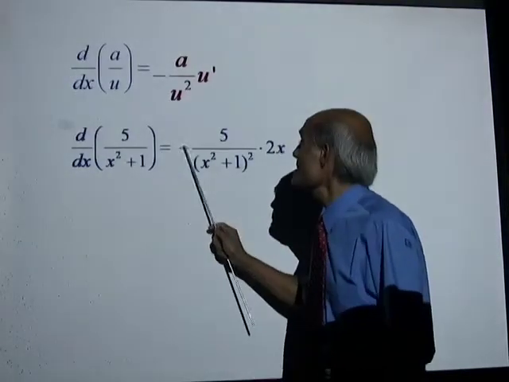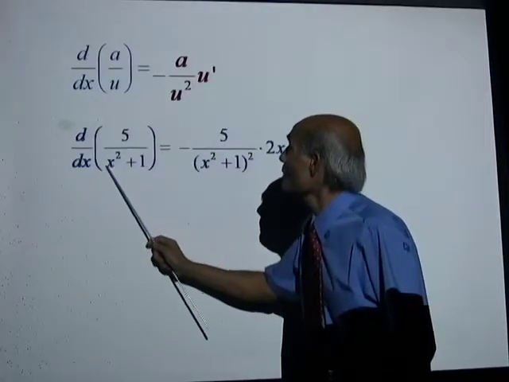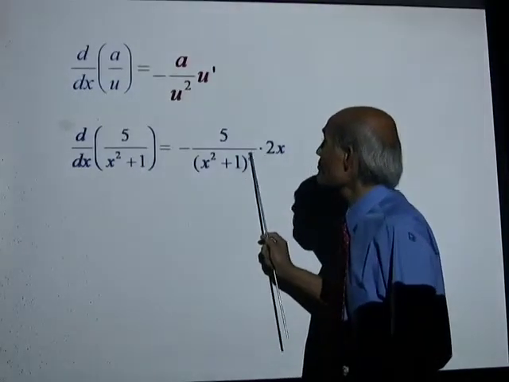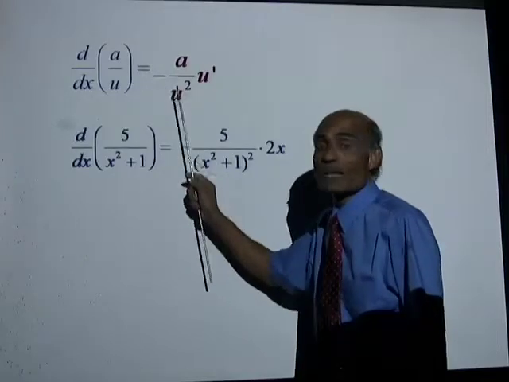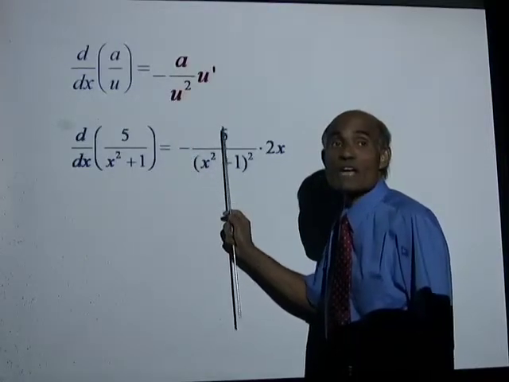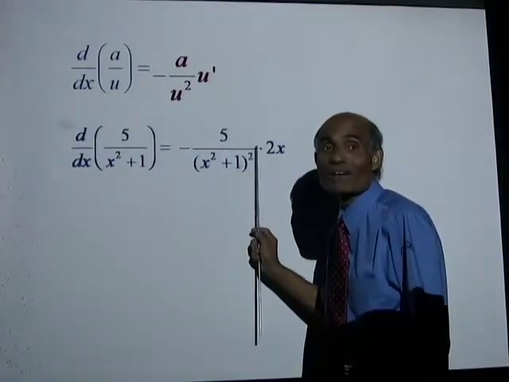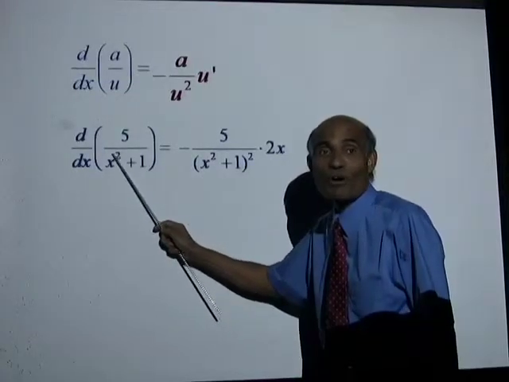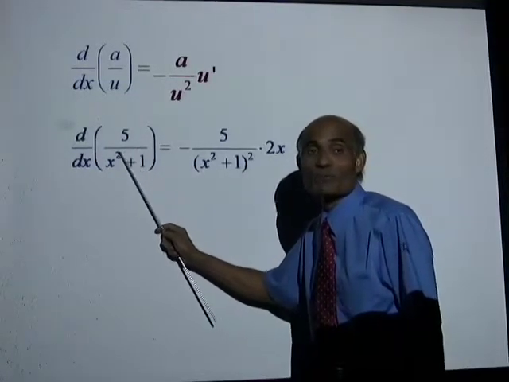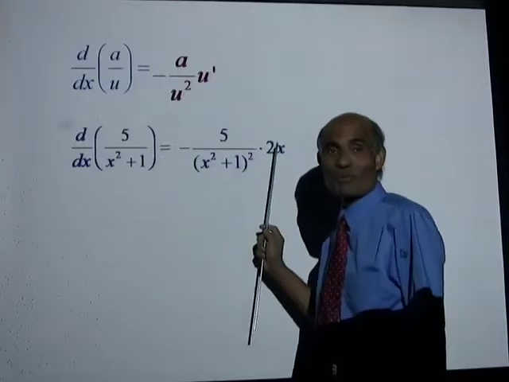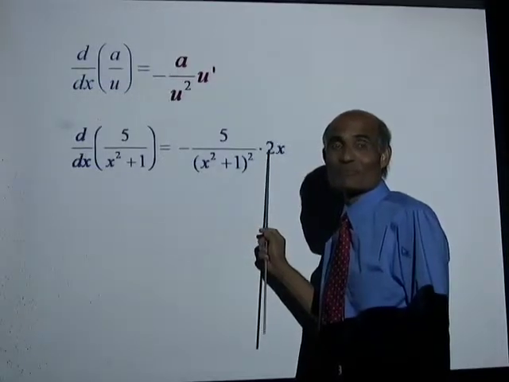So that will be negative 5 over x squared plus 1 squared. What's the similarity there? Negative A over U squared times derivative of that quantity. Derivative of x squared plus 1 is 2x.